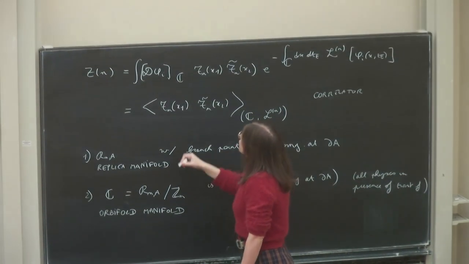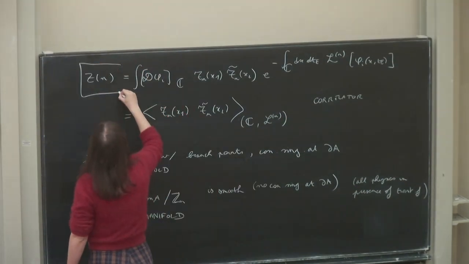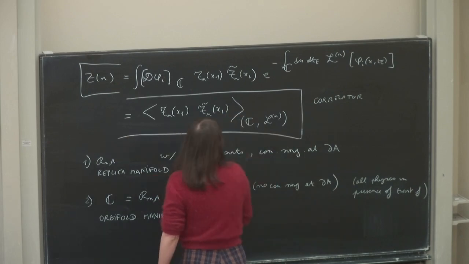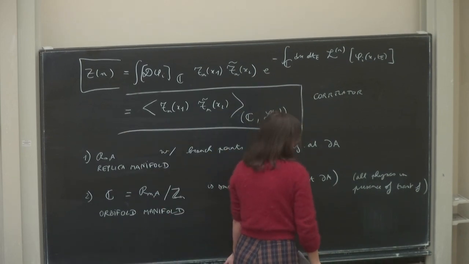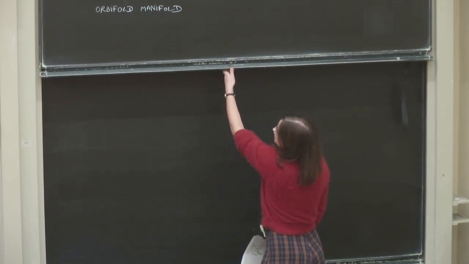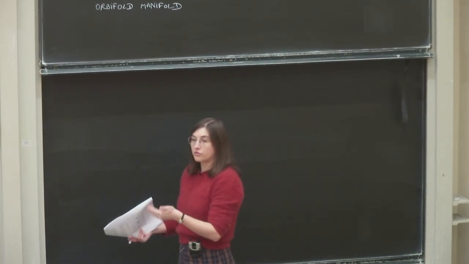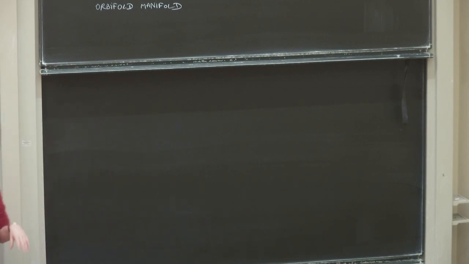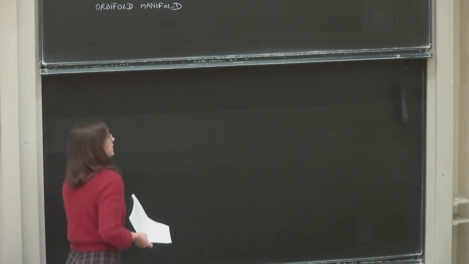Because now our Z of n is a correlator, and when we discussed CFT, we discussed the invariance of CFT correlators, and how in two different ways you can express that.